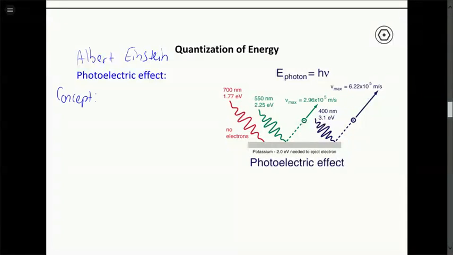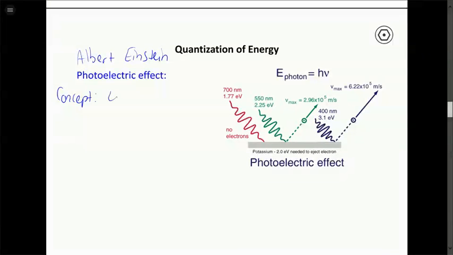So the concept here is that we're taking light of different wavelengths or different frequencies, and we're shining it onto a metal surface. And when you do that, you sometimes see electrons ejected.